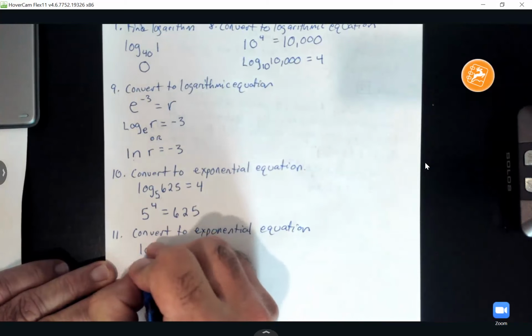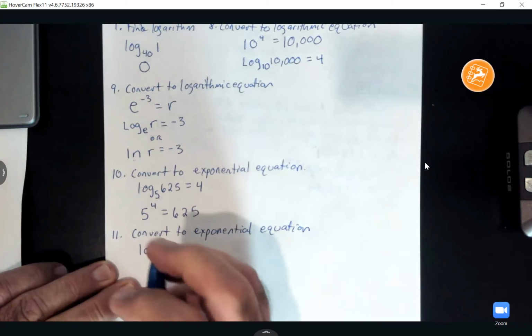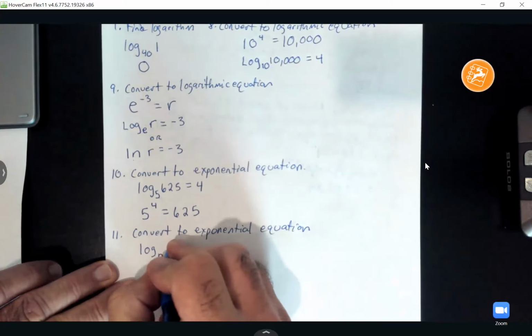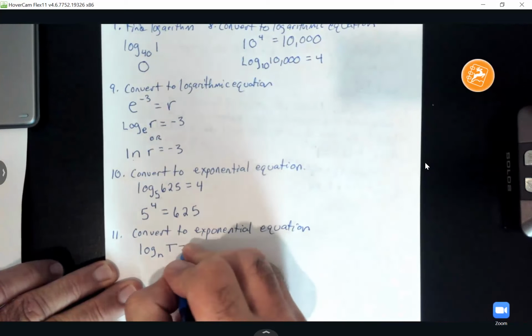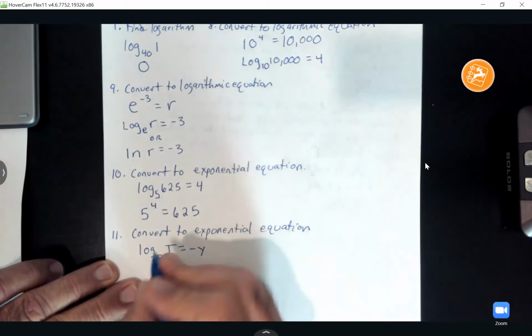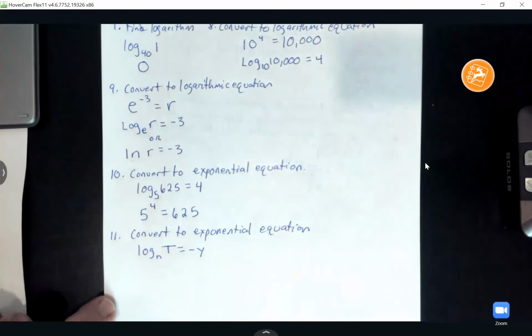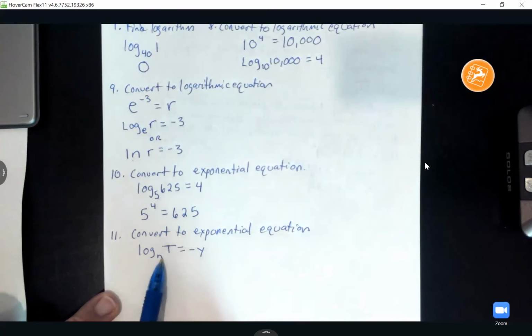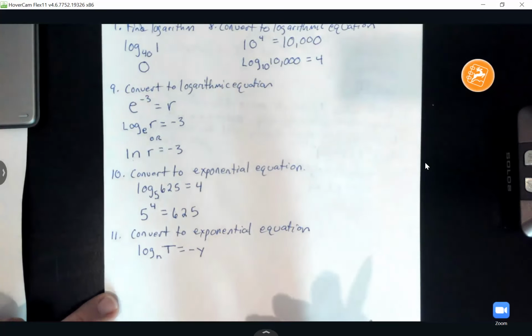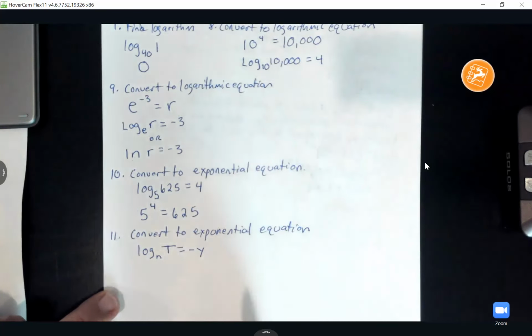I got a log base n of a capital T equals a negative y. Now, the one thing MATLAB is picky about are these letters. If they're capital letter, you got to use capital letter. If they're lowercase, you got to use lowercase in MATLAB, okay?